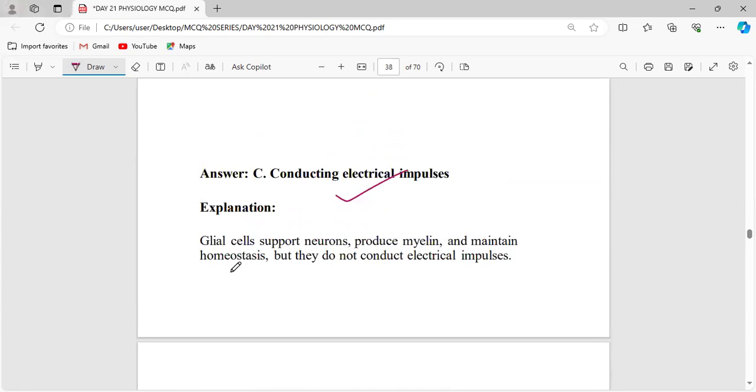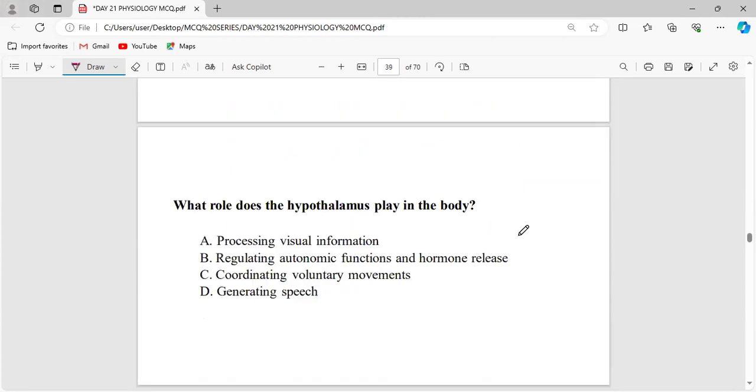Conducting electrical impulses. Generally, glial cells support the neurons, produce myelin and maintain homeostasis, but they do not conduct electrical impulses, right?